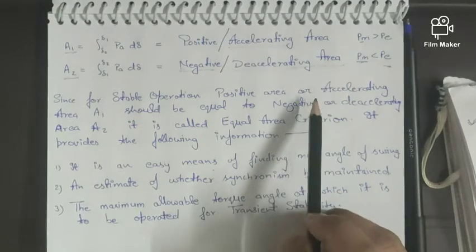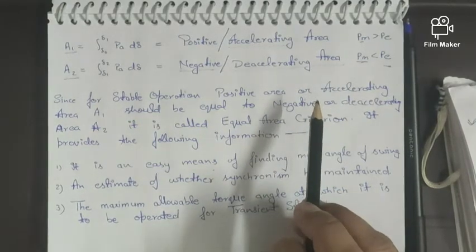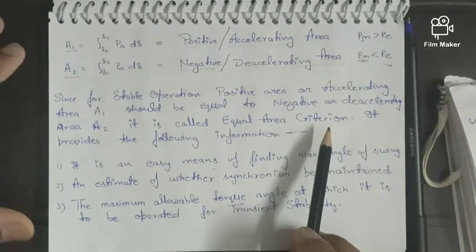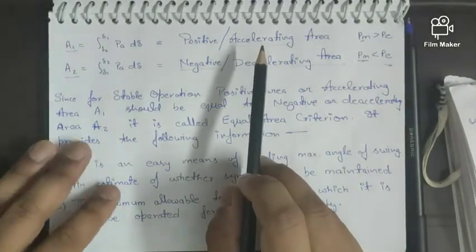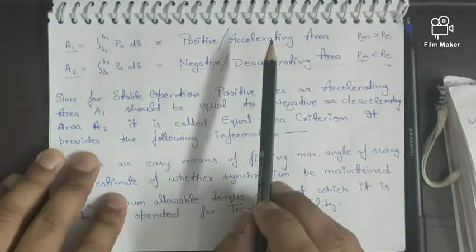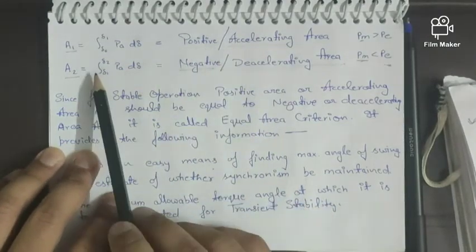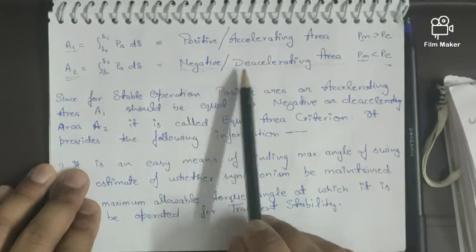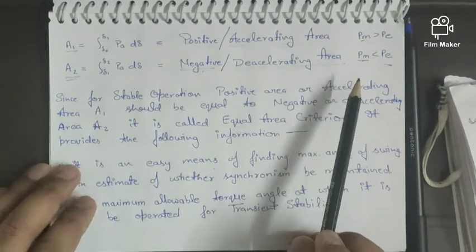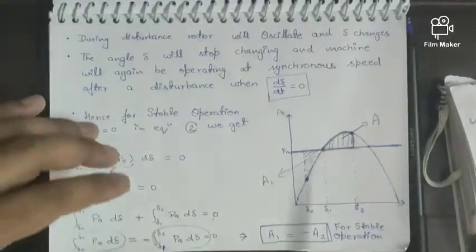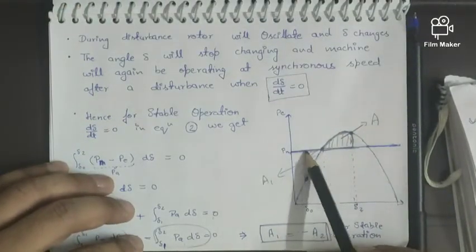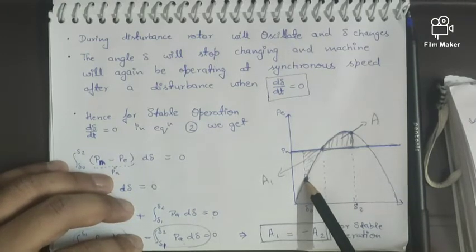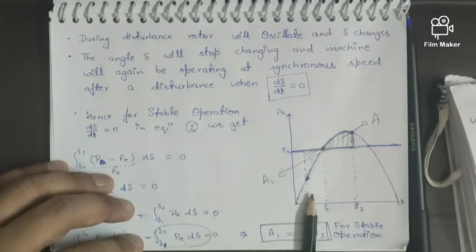So one more thing we can see that this A1 represent the kinetic energy stored by the rotor during acceleration, and this A2 represent kinetic energy given up by the rotor during deceleration. Okay, when acceleration and this P mechanical is greater than P electrical, then the rotor and the delta angle will start increasing.